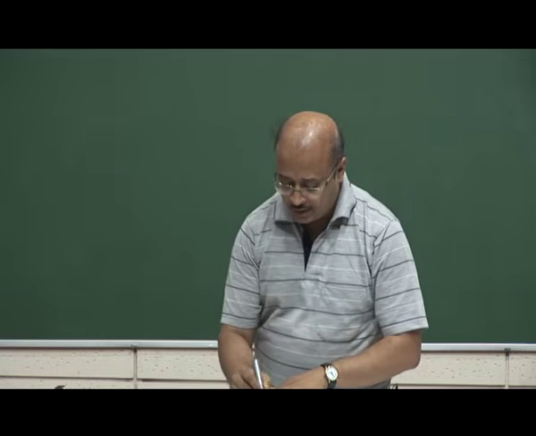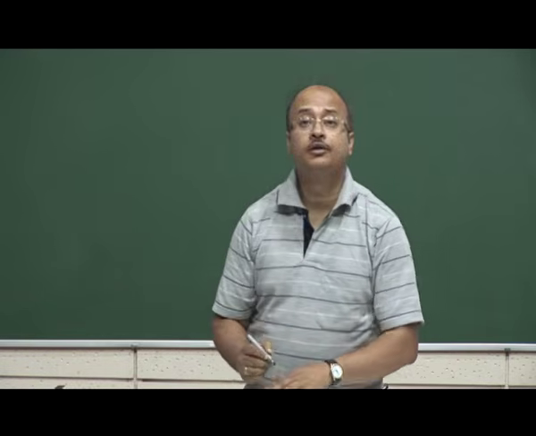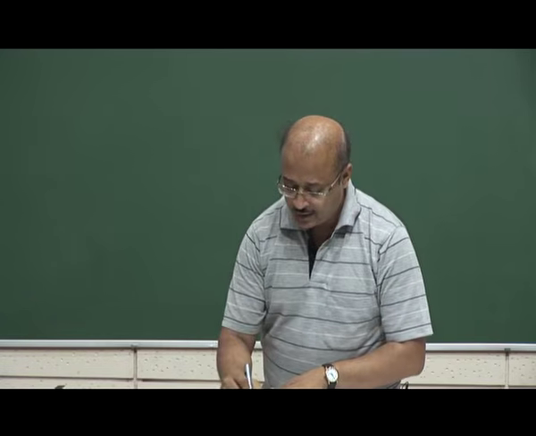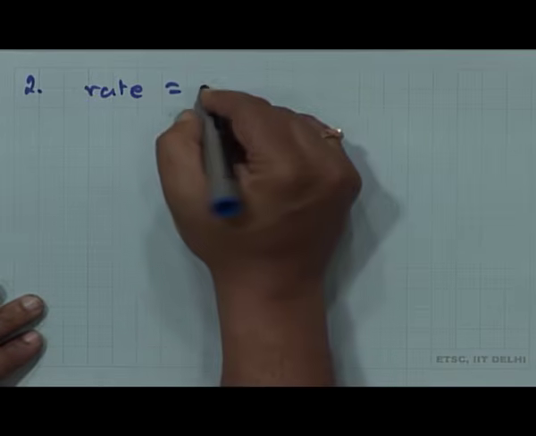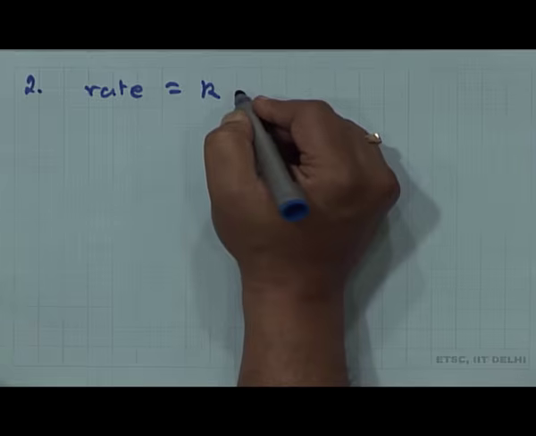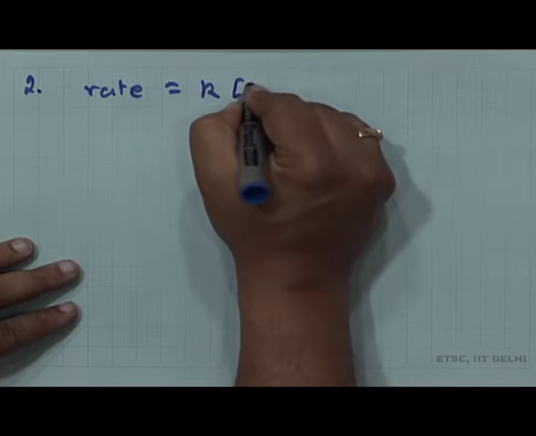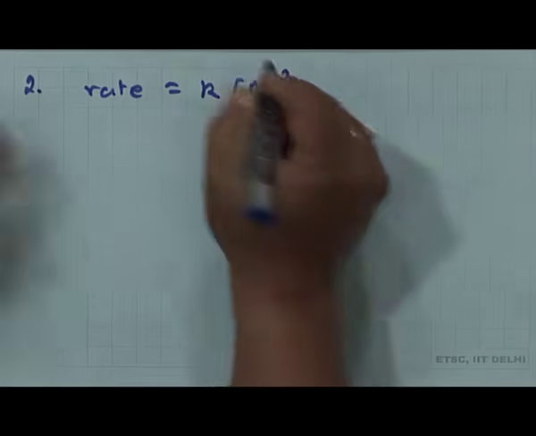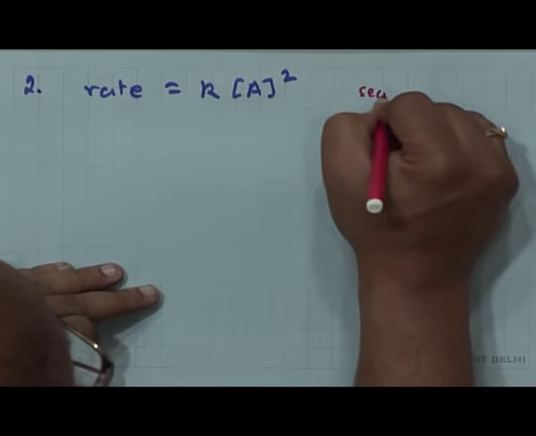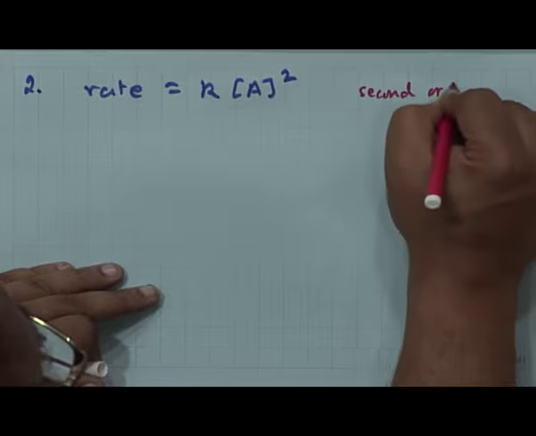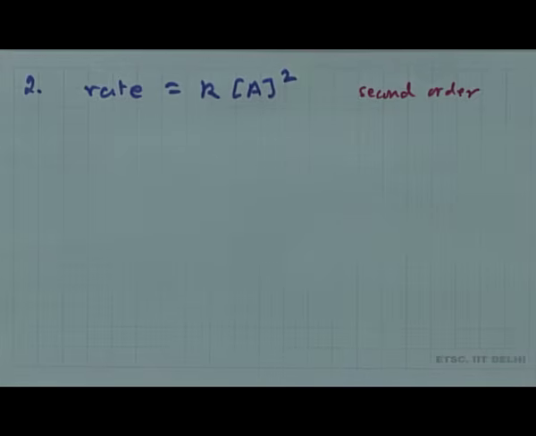However, if we take this case where the rate is equal to K times the reactant A raised to the power 2, obviously, we say that it is a second order reaction. When we say it is second order, what do we mean?